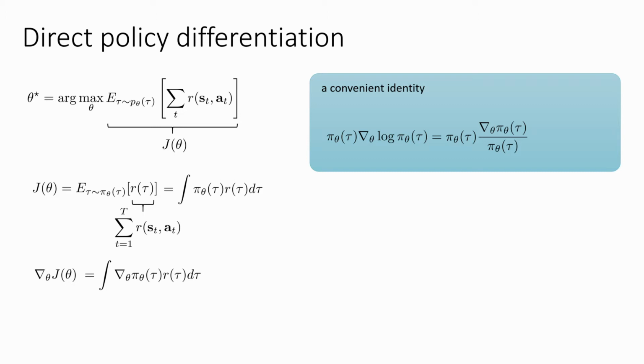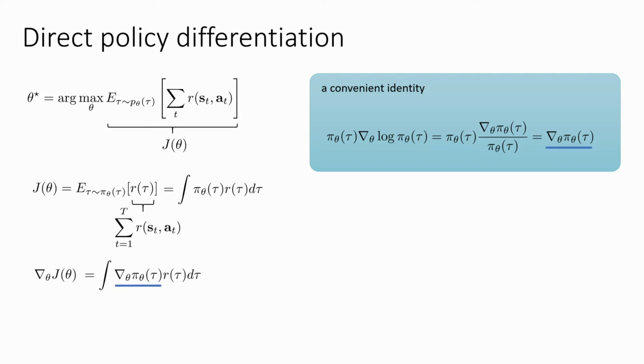So pi theta of tau grad log pi theta of tau can be written as pi theta of tau grad pi theta of tau divided by pi theta of tau. And that's quite nice because now the denominator cancels with this quantity and you're just left with grad pi theta of tau.